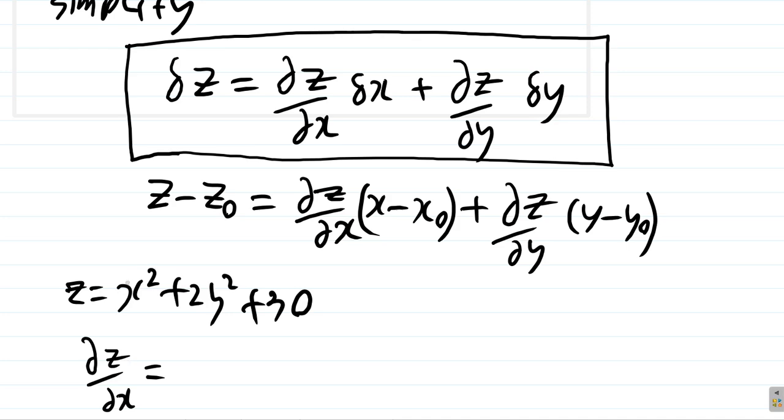Well, if you differentiate this, you get 2x. You're treating y as a constant for now, so this goes to 0, and 30 is a constant, it goes to 0. Now what about delta z by delta y? You're treating x as a constant, so that goes to 0. It's going to be 2 times 2, which is 4y, plus 0. 30 is a constant. So you have your derivatives there.